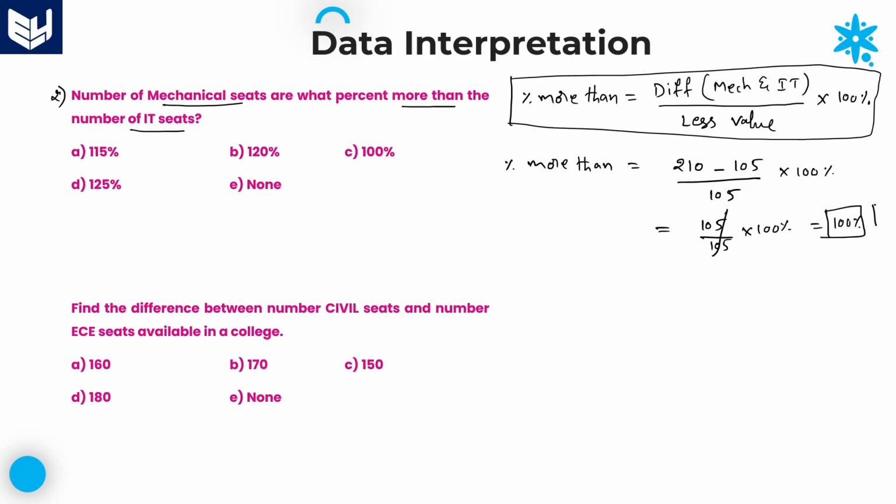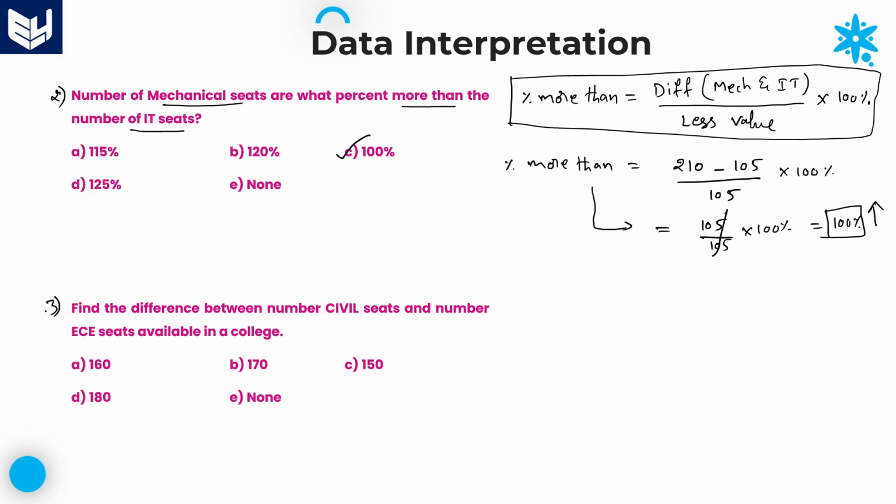It means the number of mechanical seats are exactly 100 percentage more than the number of IT seats. Among the options, option C is the answer for this question.